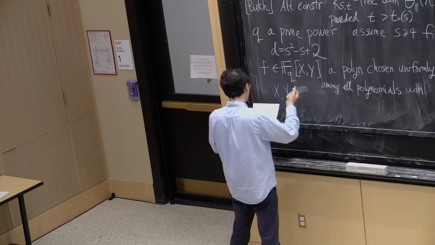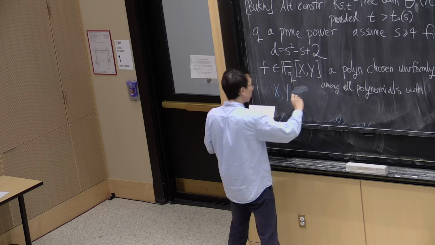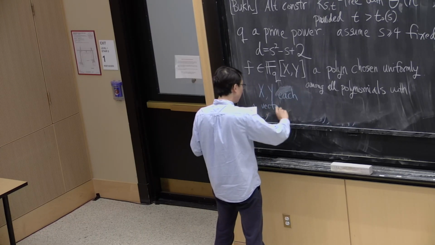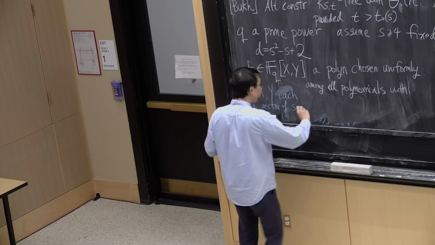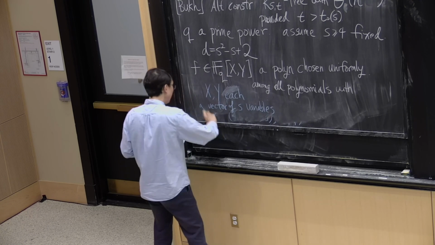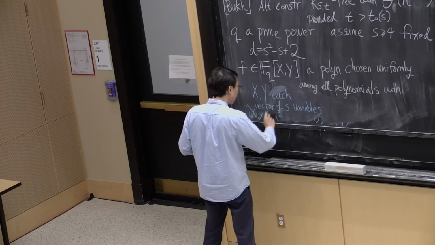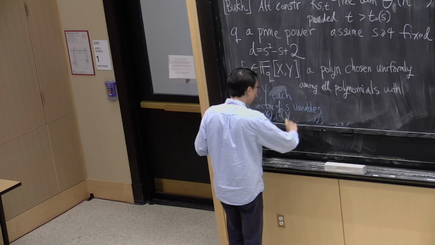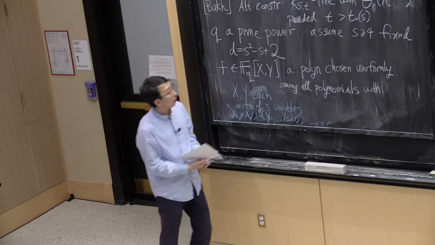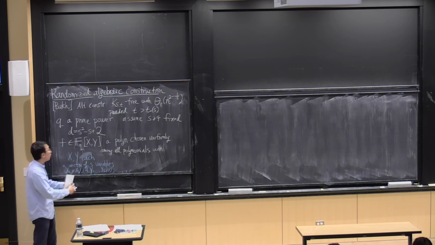Each of them is a vector of s variables. So in other words, x1 through xs are the variables in the polynomial, and then y1 through ys. So it's a 2s variable polynomial.